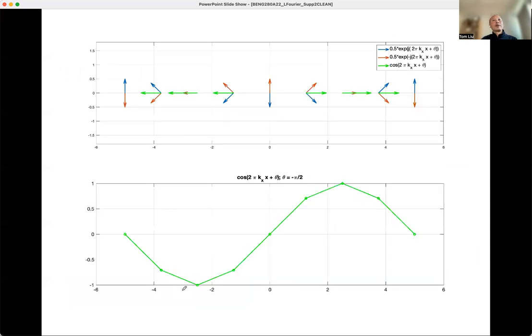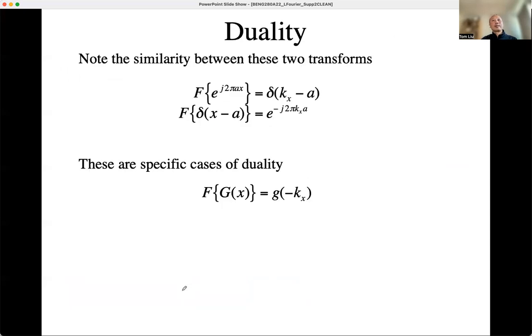I think we'll skip this one for now. It's not too important. The other thing that you'll find very useful as you're doing your problems is duality. Professor McVeigh talked about this a little bit, but we know that the Fourier transform of this, which has a frequency of A, is going to be a Dirac delta located at A. And we also know that if I take the Fourier transform of this, it equals this.